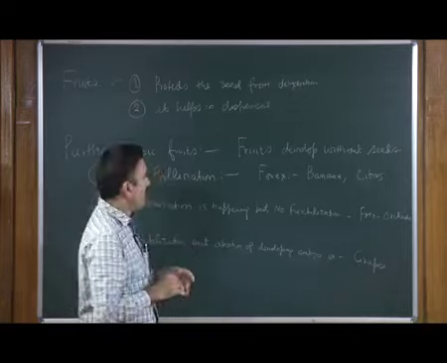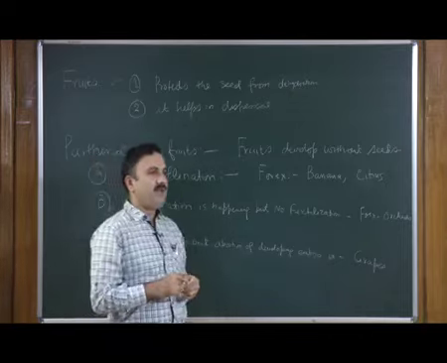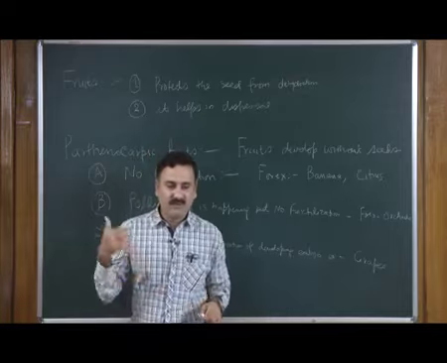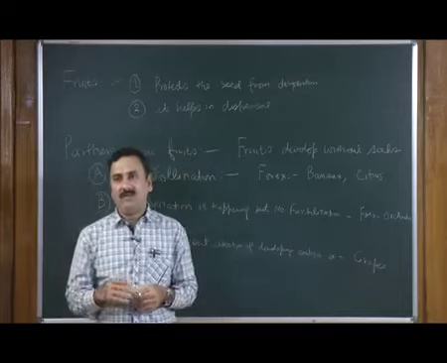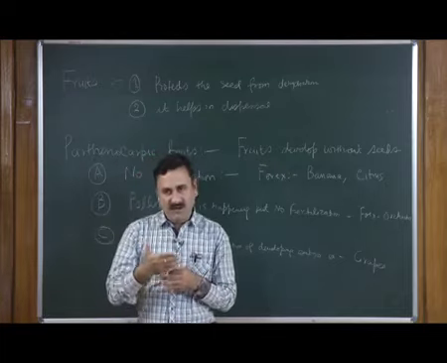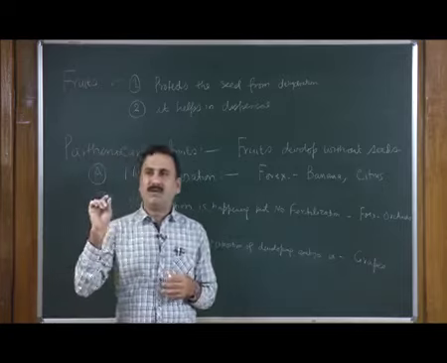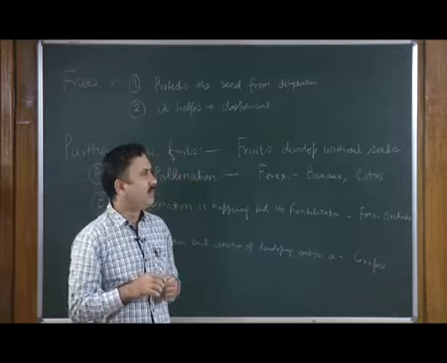Because of this, there are many artificial ways in which parthenocarpy is also induced in different plants. The farmers spray a very low concentration of auxin and gibberellin.